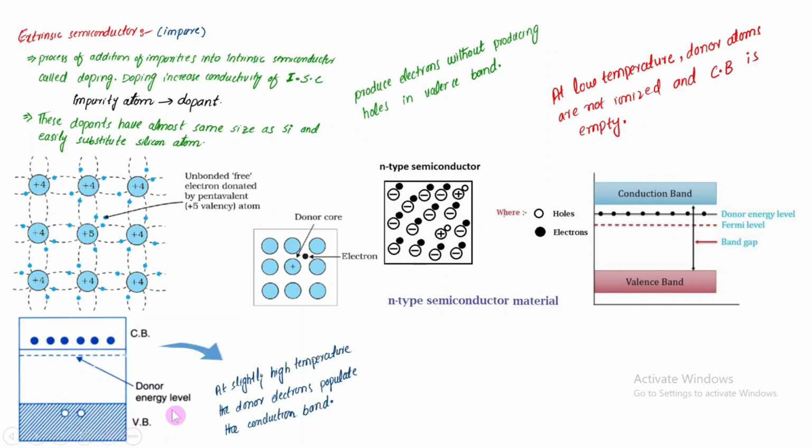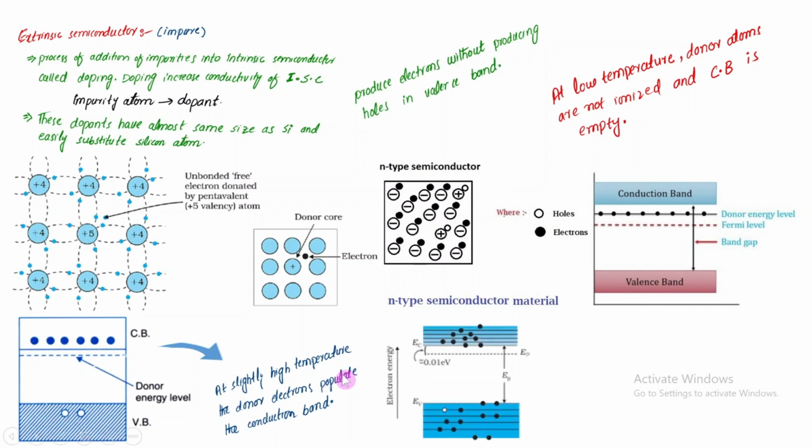Okay, so at slightly high temperature, the donor electrons populate the conduction band, and I have discussed the reason behind that. Why are they populated there?